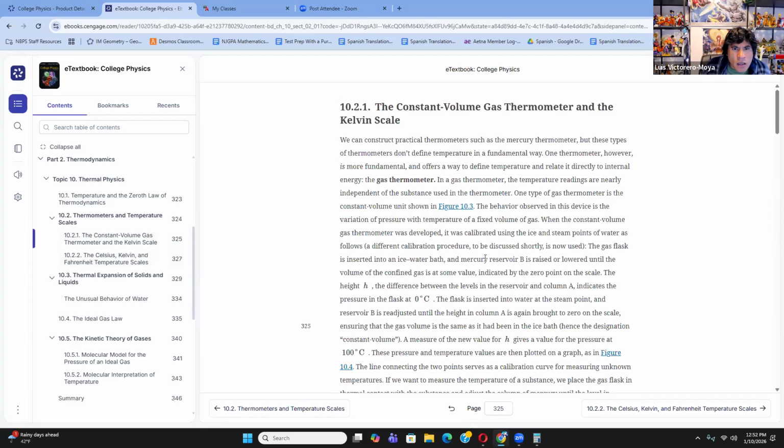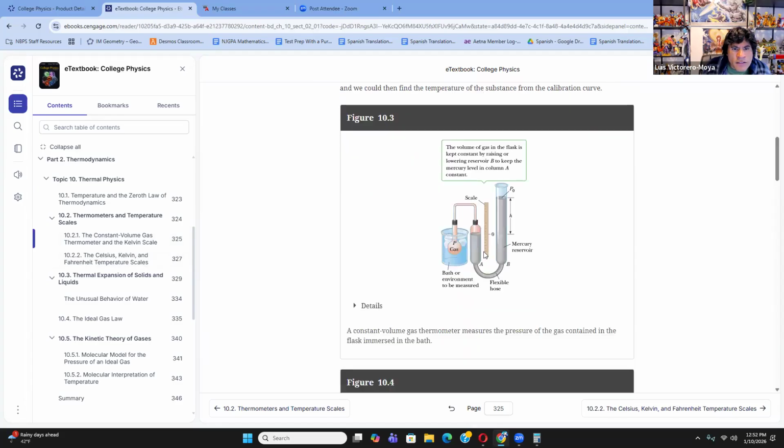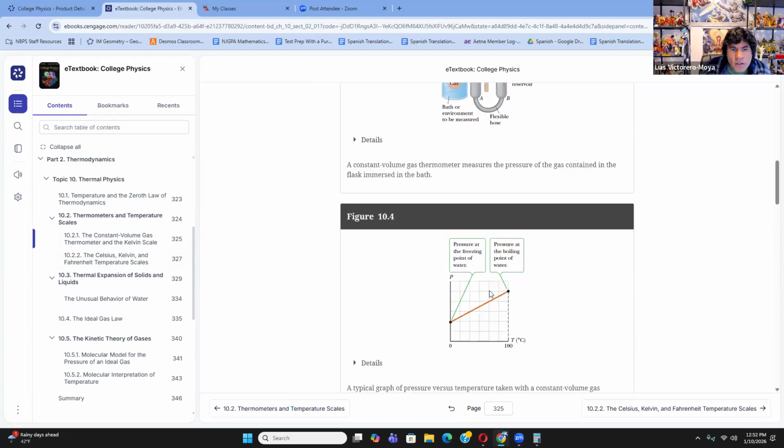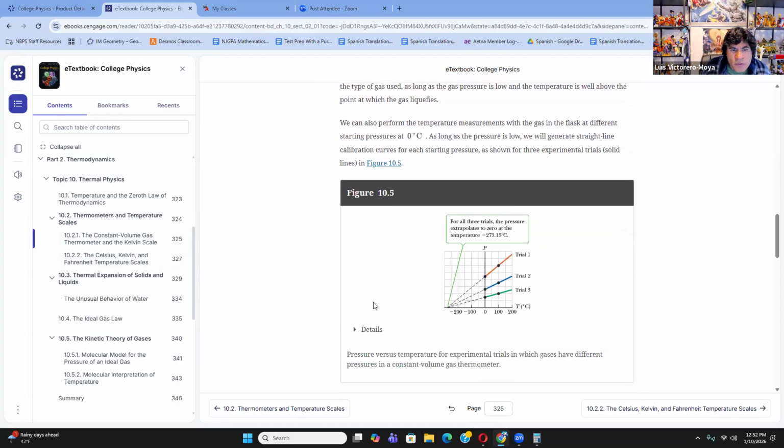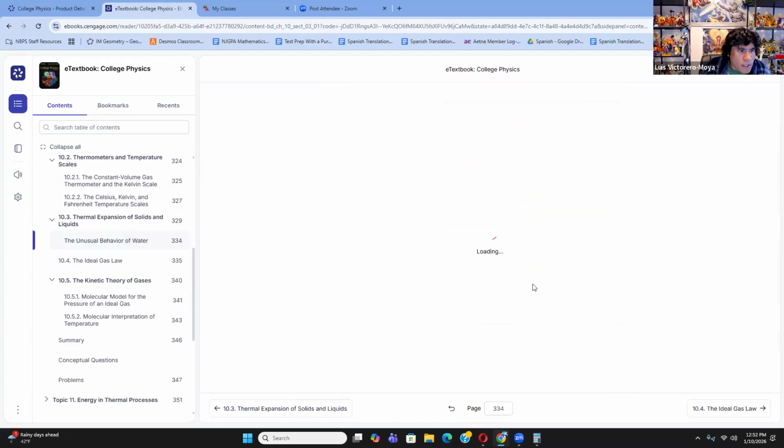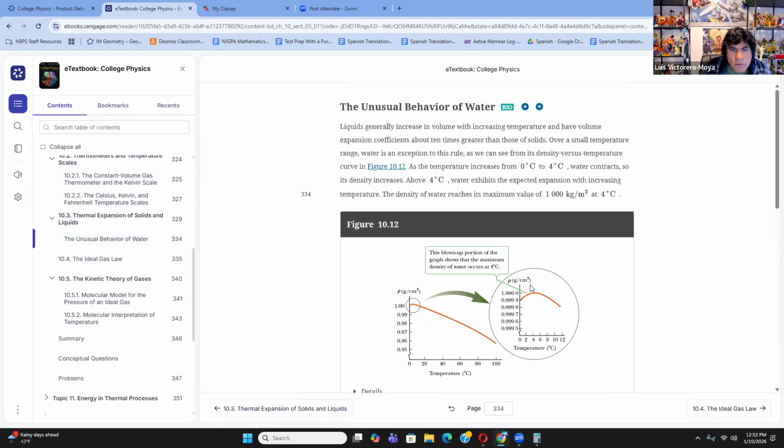You have the Kelvin scale, a few examples of how we determine some of those values that I explained, the pressure versus temperature graph that I showed you, how we define absolute zero, and the unusual behavior of water due to its variable density.